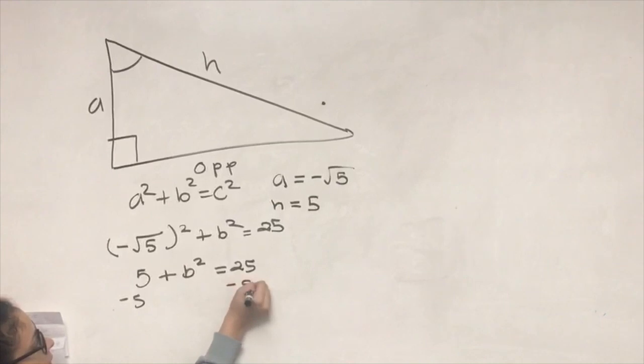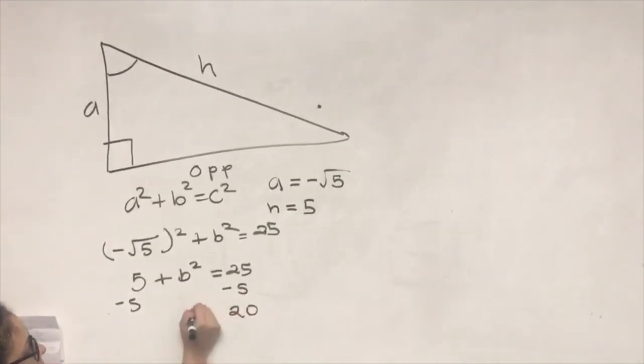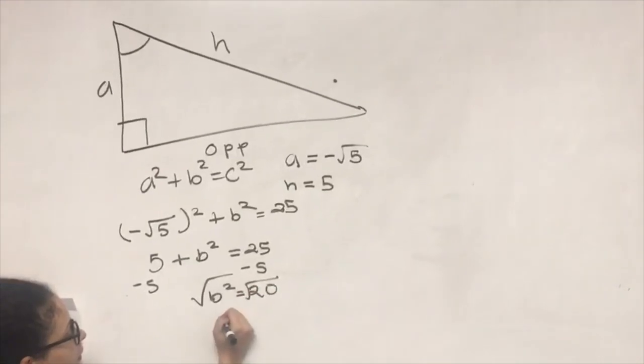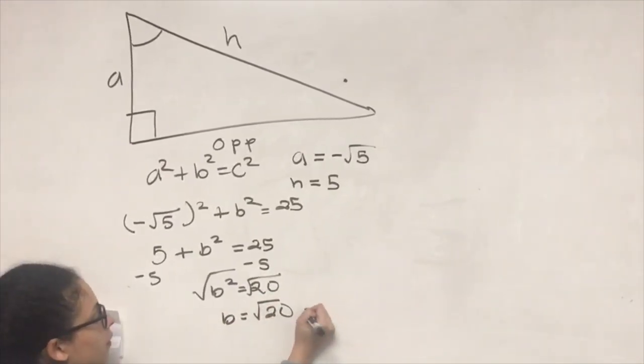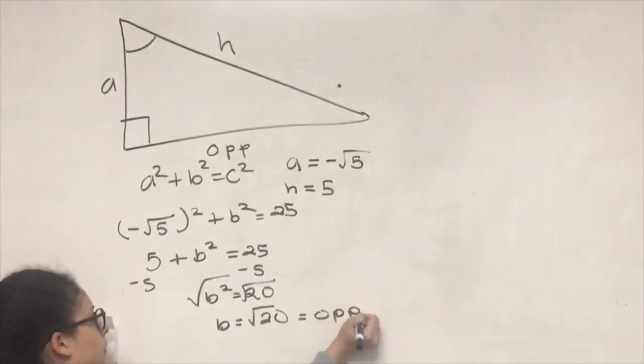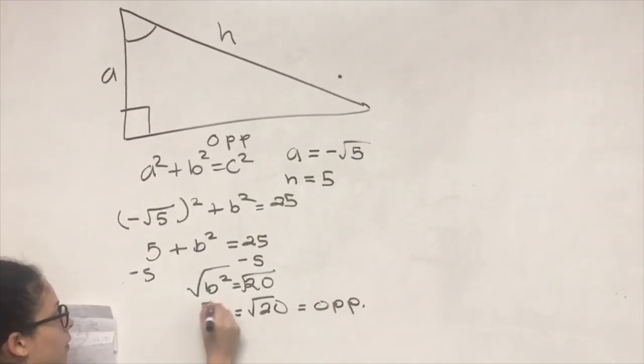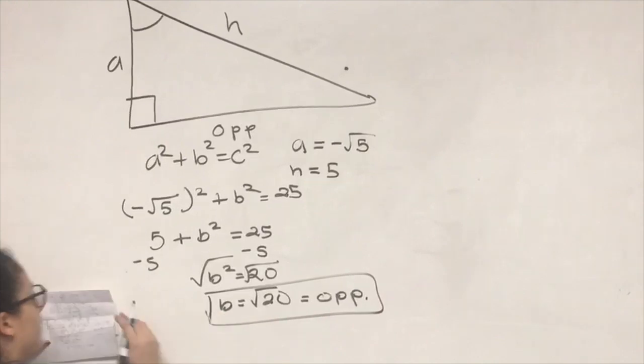Then when you subtract the 5's from both sides, you get b squared equals 20. Then to isolate the b, you can take the square root of both sides, and then you get b equals the square root of 20, which equals the opposite side.